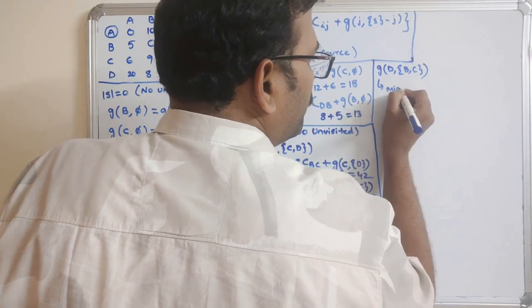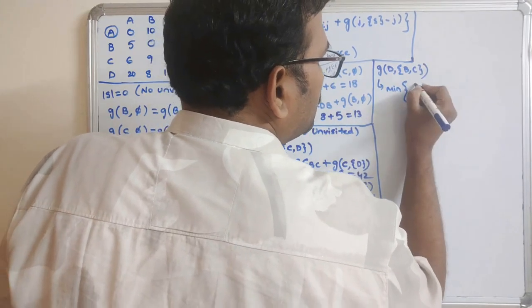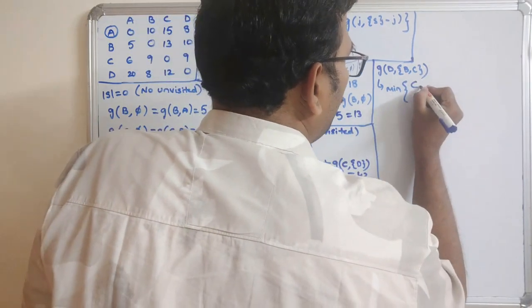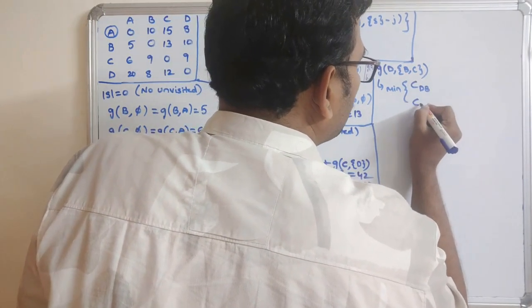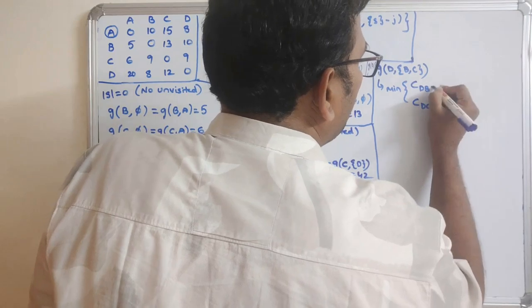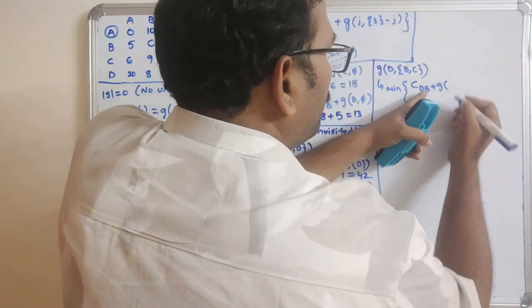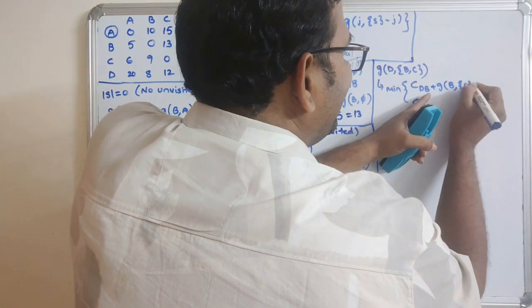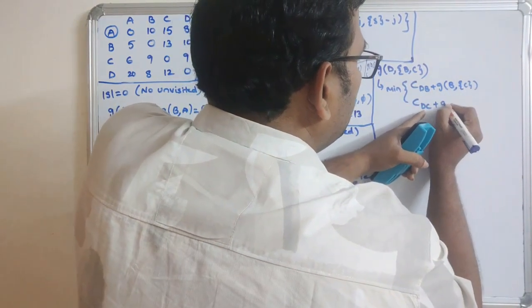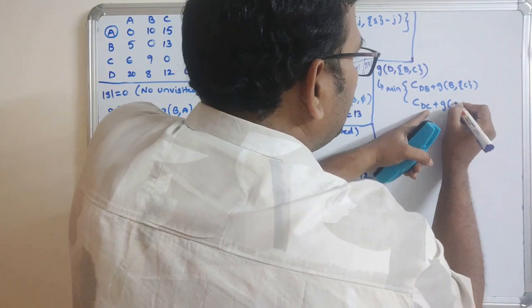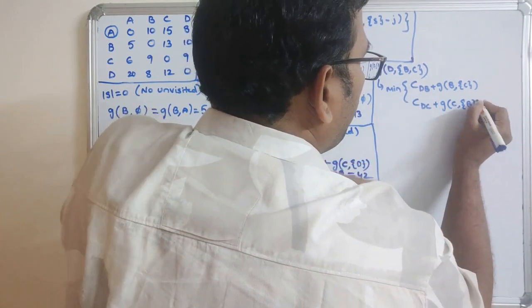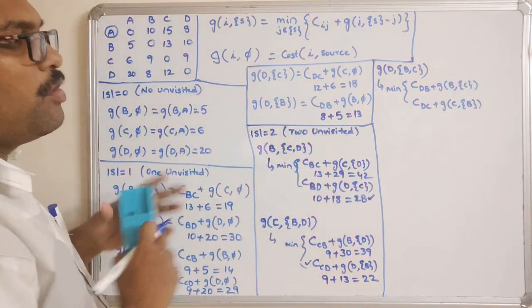Minimum of cost of DB and cost of DC, plus G of, here B is J, and from the set remove B, so C. And here also the J is C, from the set remove C, so it will be B. Now calculate the cost.